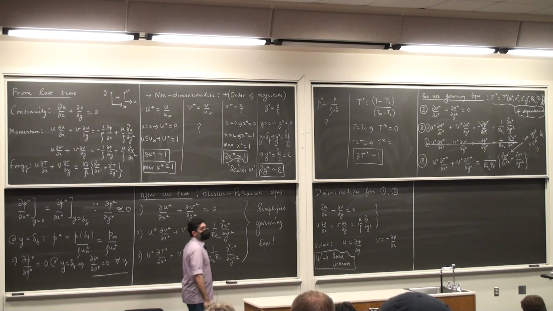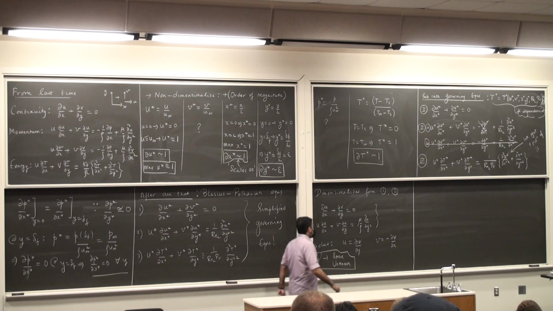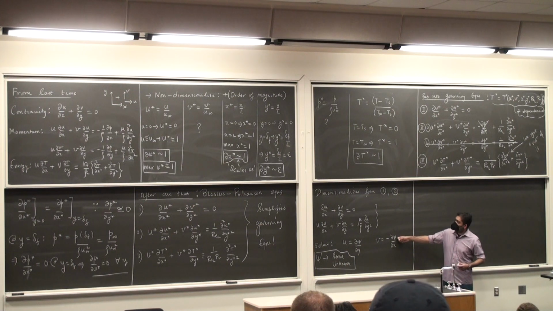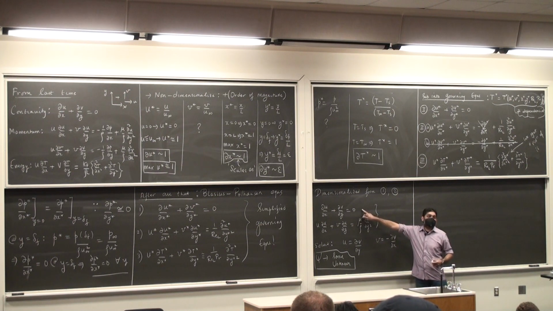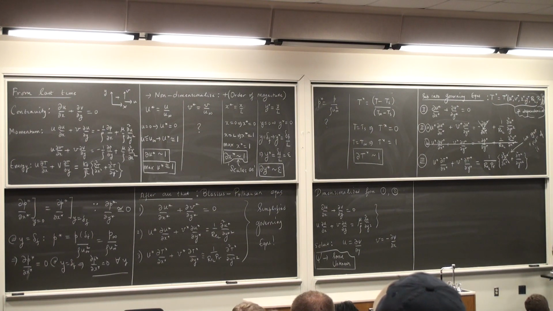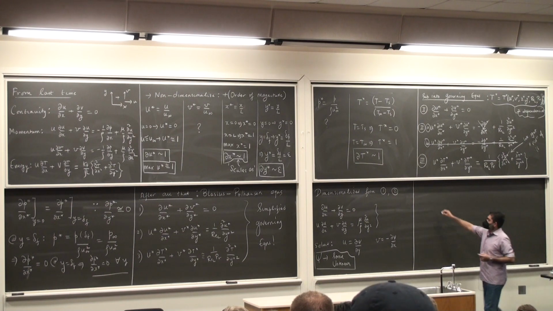Psi is obviously a function of x and y. And you'll be surprised, or there's nothing to be surprised about actually. If you take these and substitute this back into the continuity equation, it will satisfy that. It has to. Otherwise, there is no solution. Okay? So one can easily check and see that. I'm not going to do that. Then we have the Blasius solution, which is the following.